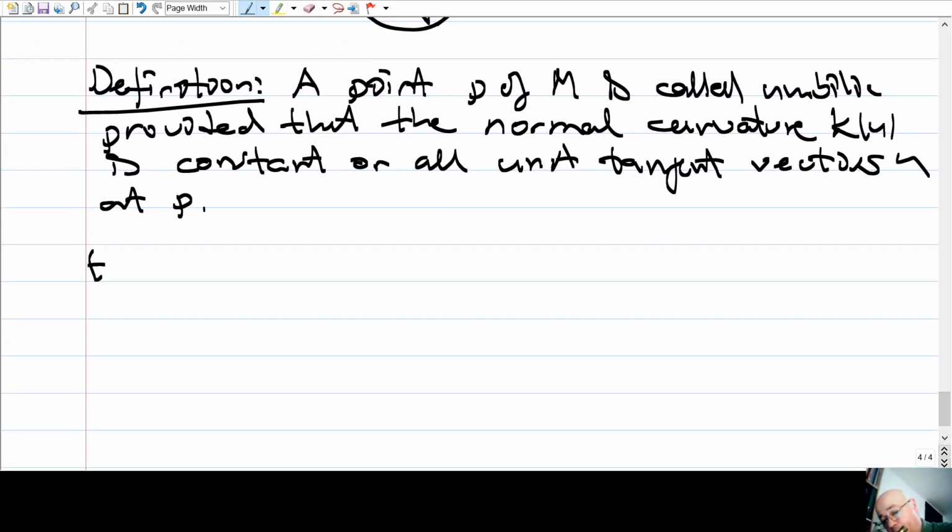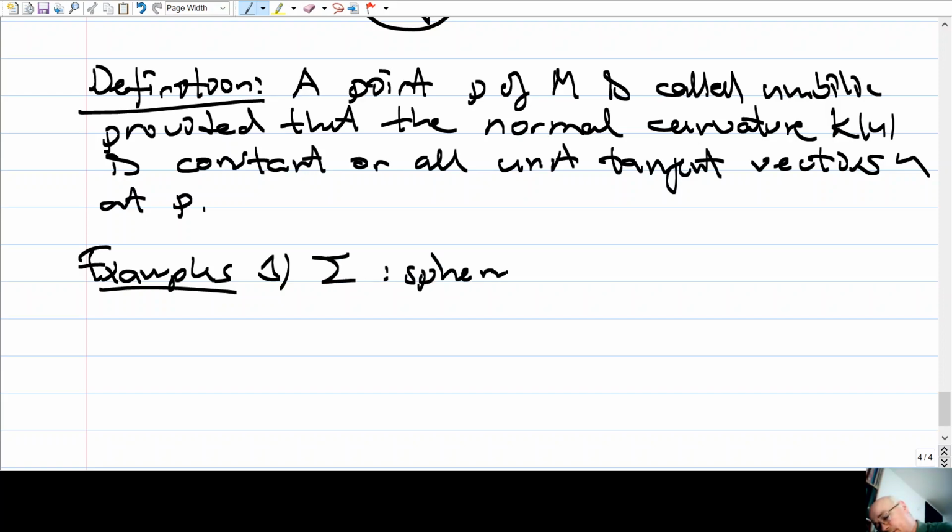Let's see some examples of all these quantities we have defined so far. Suppose sigma is a sphere of radius r.